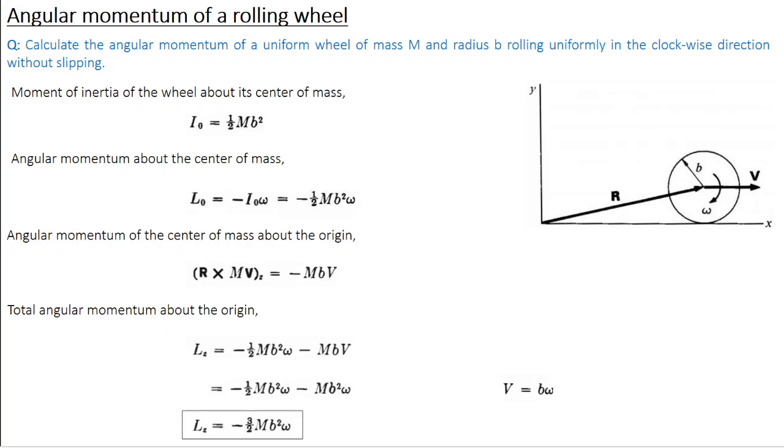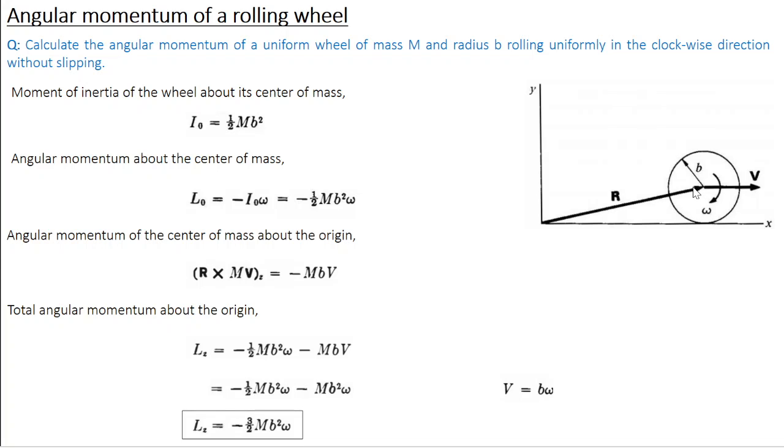Since this is clockwise rotation, the direction of angular momentum points into the plane of the screen, which means you need to give a minus sign here. So L naught equals minus half m b square omega. And what about the angular momentum of the center of mass about the origin? This is the second component, r cross m v_z.